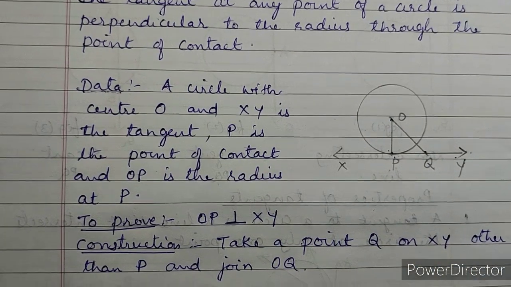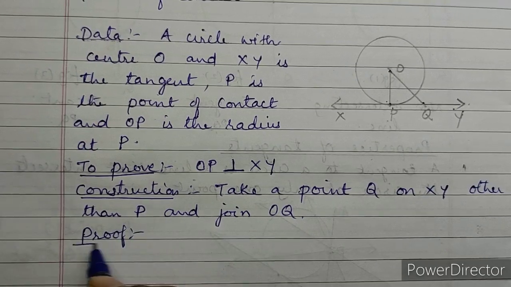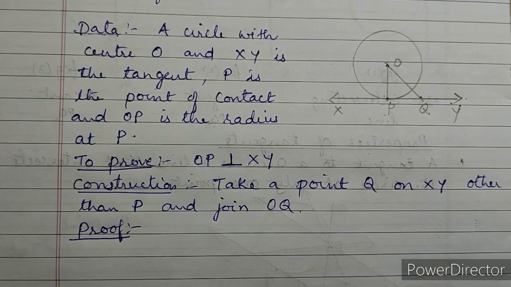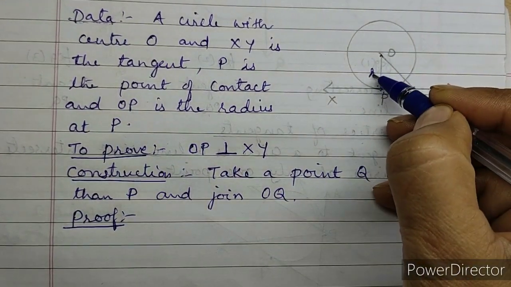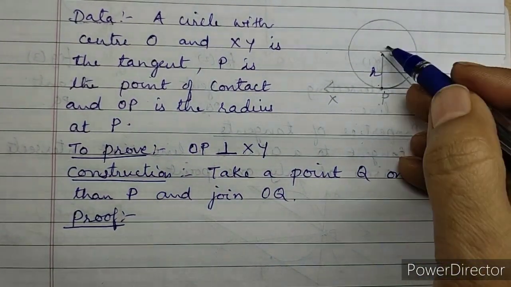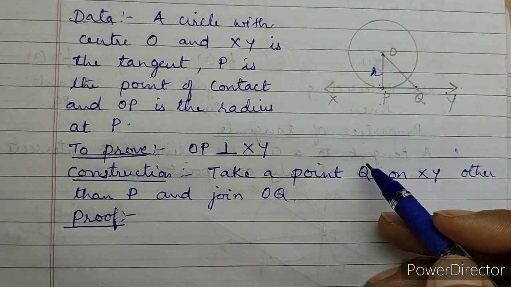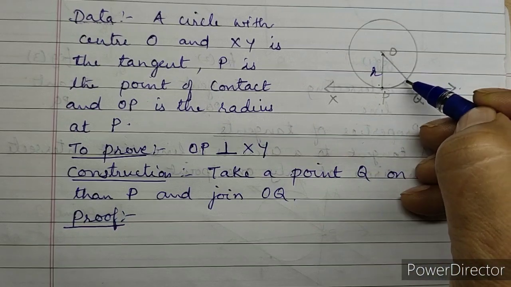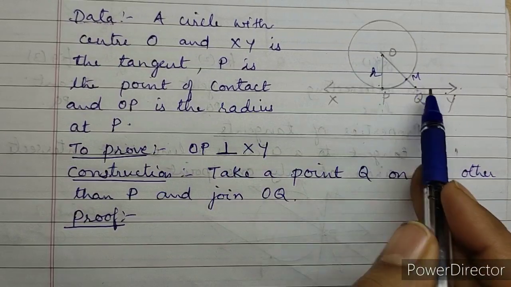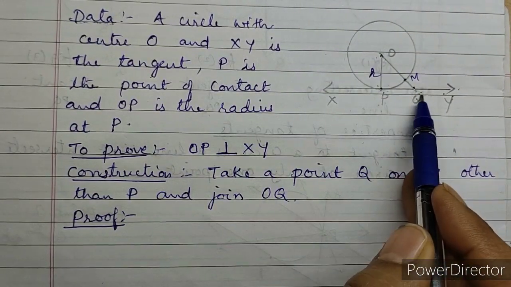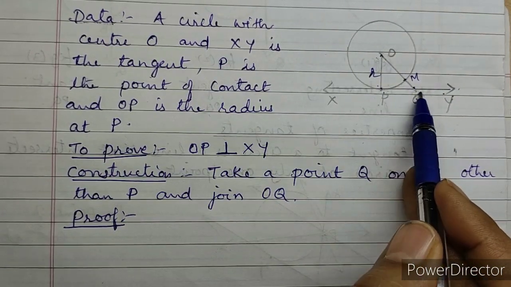Now proof. So data, to prove and construction is over. Now proof part. OP is the radius of the circle, so OP length you can mark as R. That is nothing but radius. Now here you can see one point, you can mark it as M. So OQ is OM plus MQ.